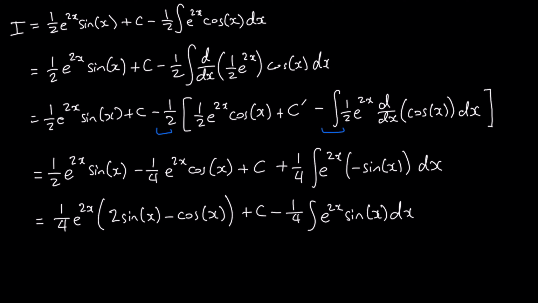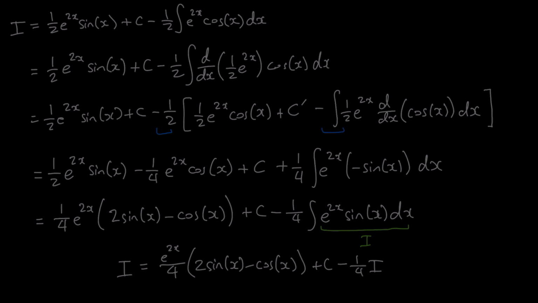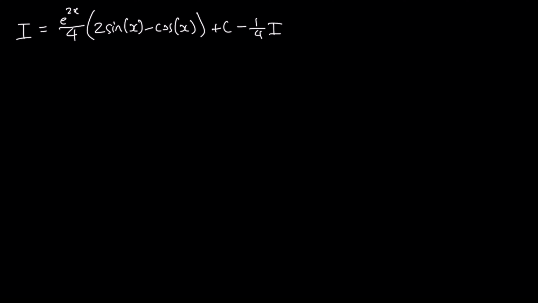And we can notice that this integral is in fact I. So I can write that I, the integral I'm trying to evaluate, is equal to e to the 2x over 4, 2 sine x minus cos x, plus c minus 1 over 4 I. So we're almost done.